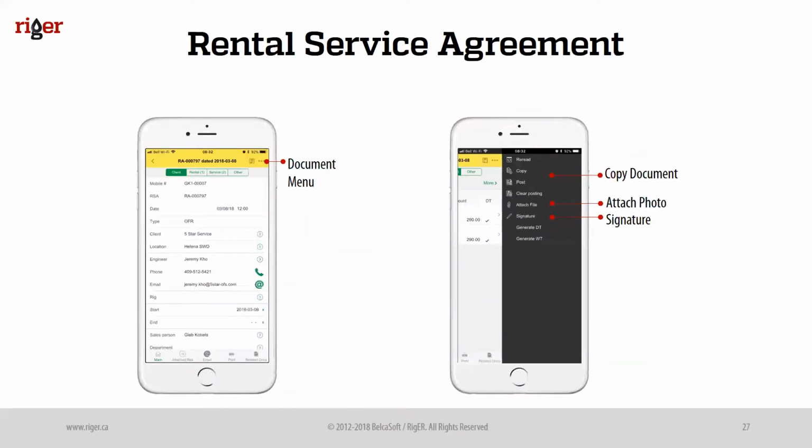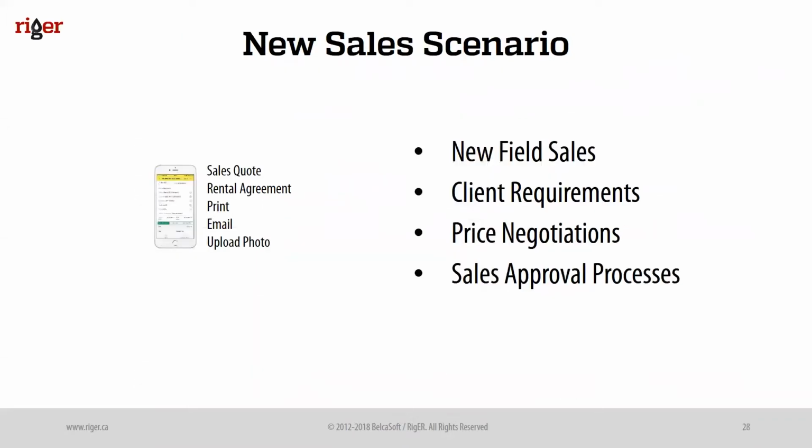The rental service agreement will have an additional document menu where you can copy a previous rental service agreement, which is a very useful feature when you have a similar RSA and you can multiply the job very easily. You can attach a photo and collect digital signatures. So let's consider the following scenario.